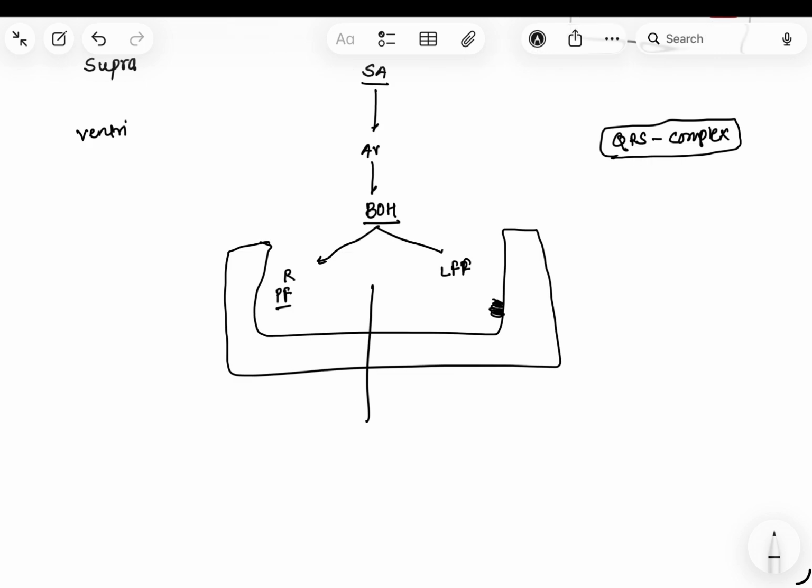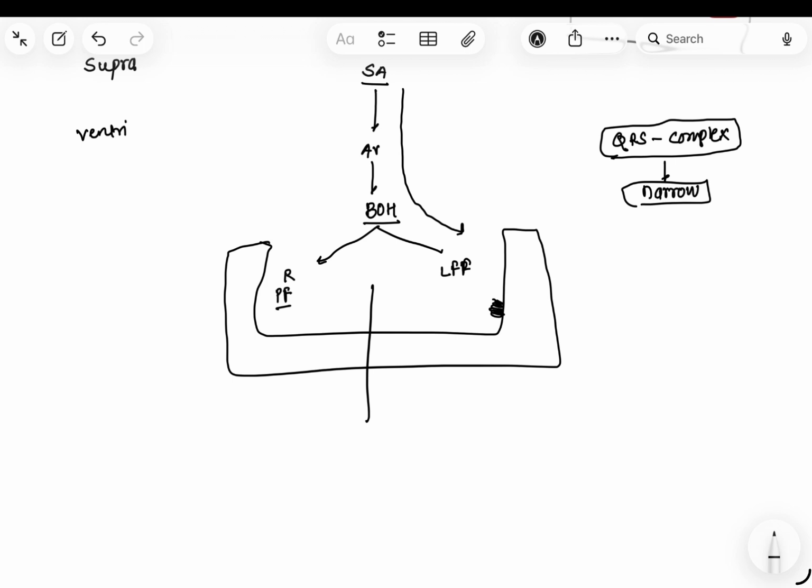So in any tachyarrhythmia, whenever the flow of current follows its natural pathway, this QRS complex will be narrow. Why am I saying that?